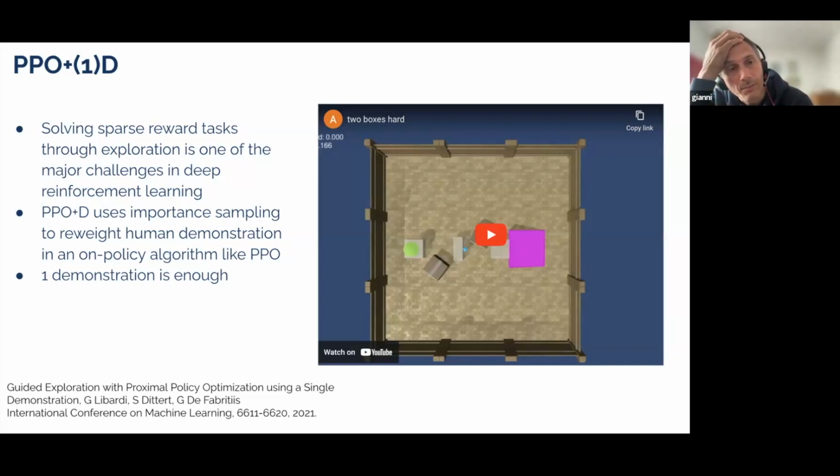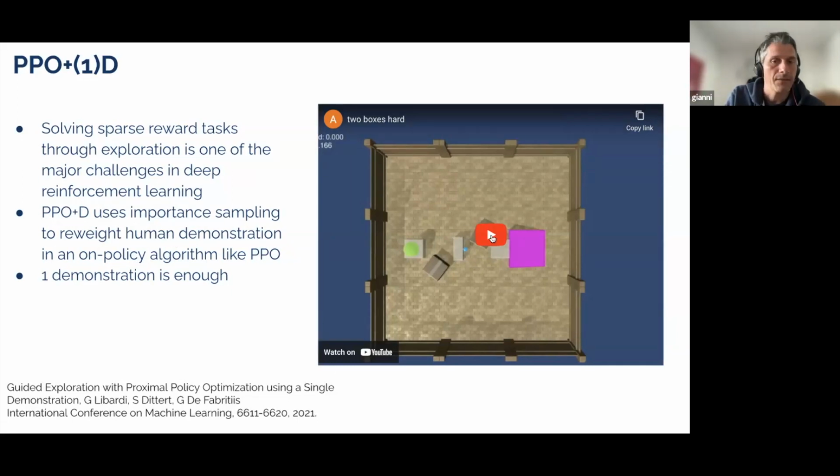Of course, PPO is just an application of that. And we reweight correctly to integrate examples in a natural way in an online method such as PPO. PPO is on-policy, so it's not like SAC where you can have off-policy trajectories, but through this reweighting procedure, you can actually extend it.